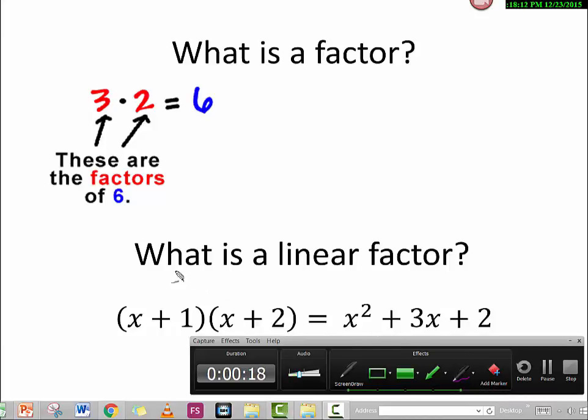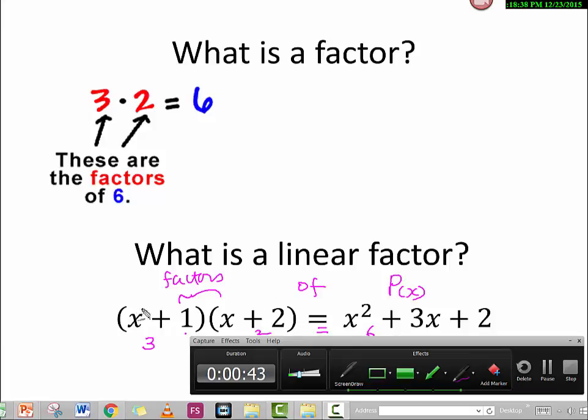So if you think about this, it is like 3 times 2 equal to 6. So we know these two are factors of this polynomial expression.